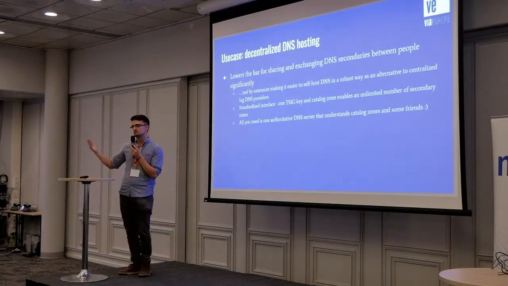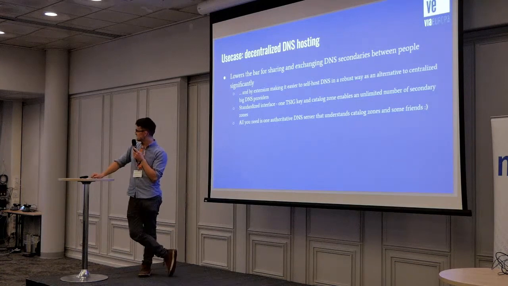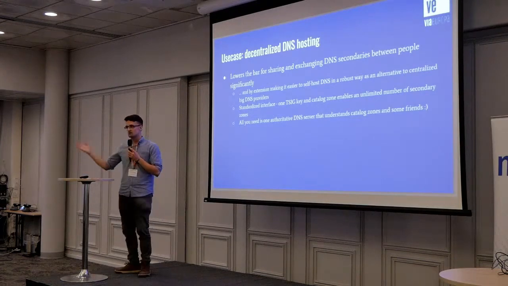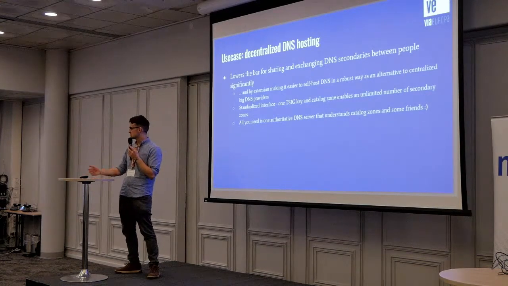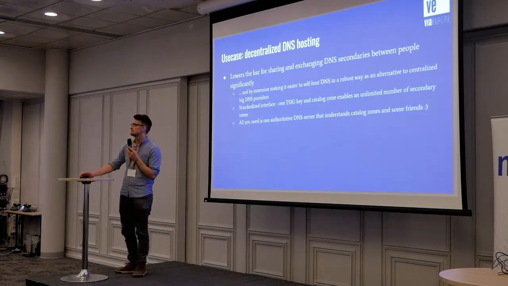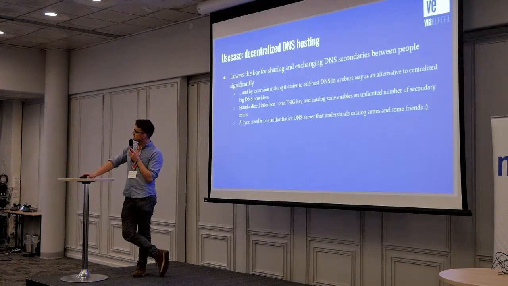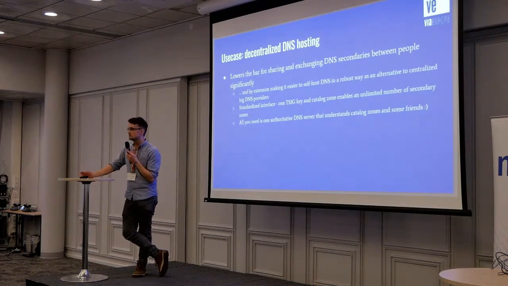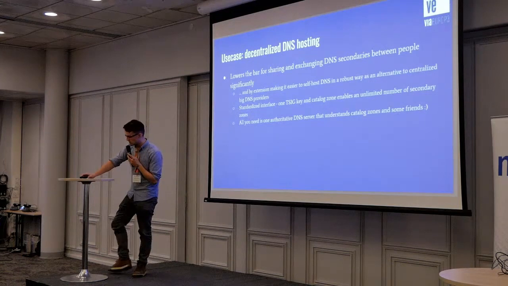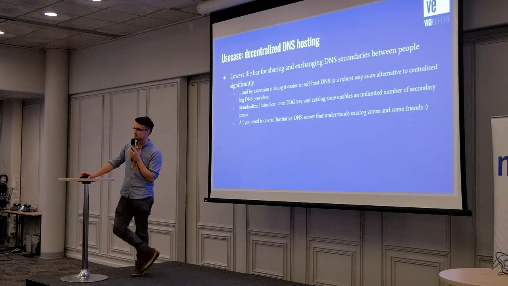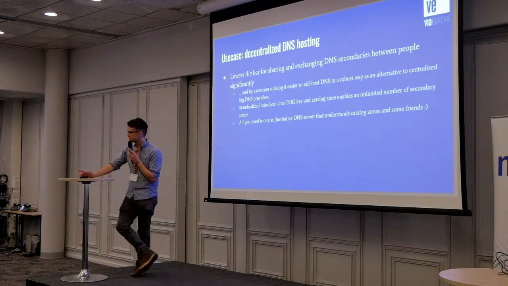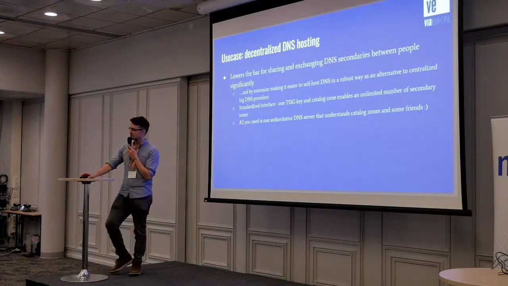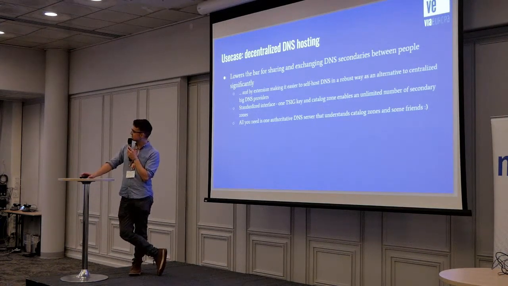You could have, for example, me and a friend exchanging TSIG keys and the catalog zone, and then we can mirror all our domains between each other, which helps decentralizing DNS hosting and maybe makes it more viable to self-host DNS, which I think is a good thing, because sure, Cloudflare is great and the big registrars are great, but they're pretty centralized.